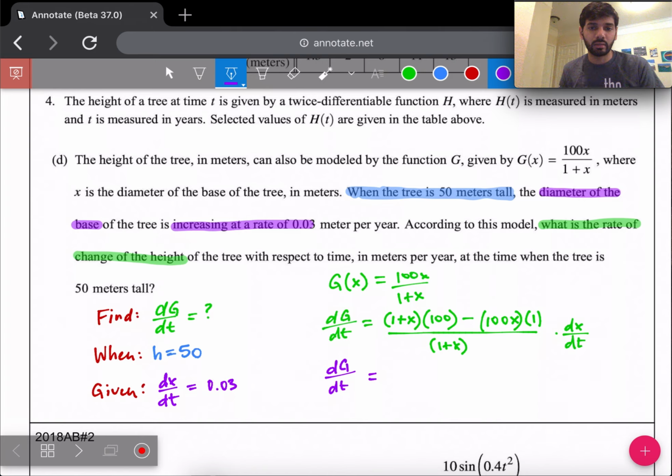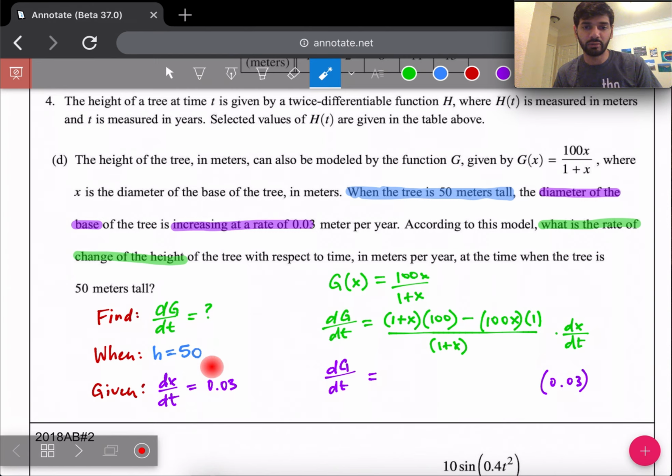and I need to plug in whatever I know over here into this equation now. So I know dx dt is 0.03, so I'm going to put 0.03 back here, and I know that h is 50. Now h is the height and x is the diameter of the tree.